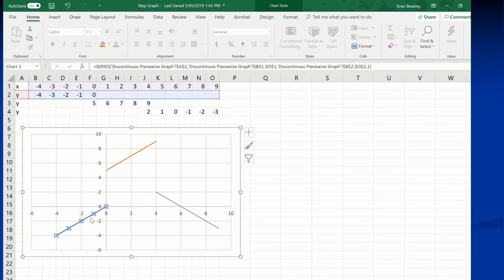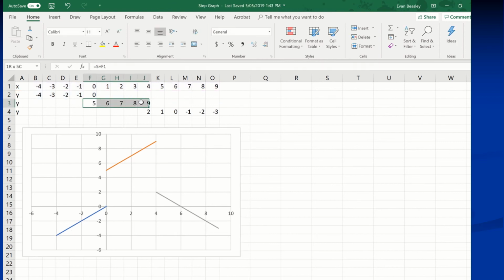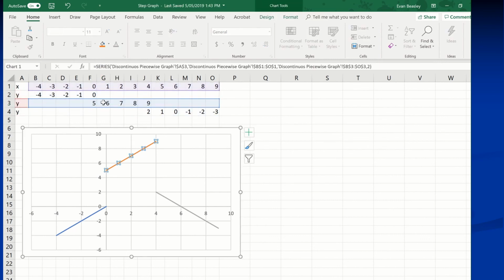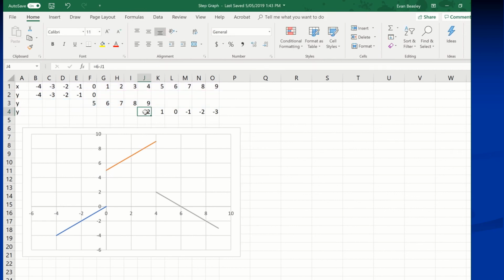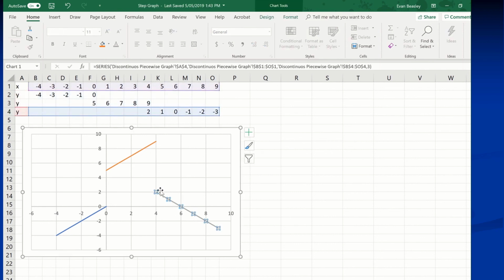So that's the first line on this graph, the x value below 0. Then the next series of values is when y equals 5 plus x. So y equals 5 plus x, so y equals 5 plus 0 in this case, so that's 5 there, and we're working ourselves up. So this line is represented by the middle row of the y values. And then finally, we've got 6 take x, so y equals 6 take x, and you can see that we've got the final discontinuous line there.